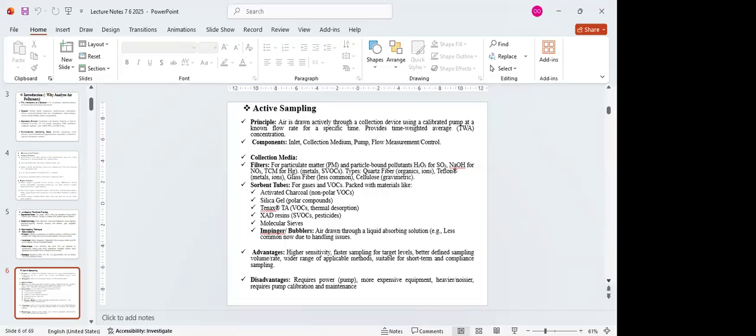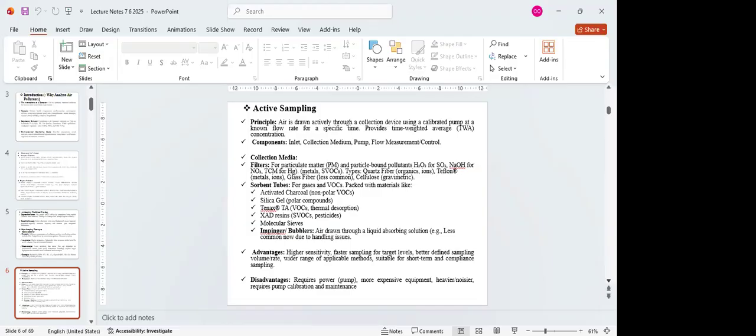So the activated charcoal can serve as a non-polar solvent for non-polar VOCs, while silica gel serves for polar compounds. Tenax, which is a proprietary item, serves for VOCs and then thermal desorption too. And of course, we have the XAD resins, and these are proprietary materials, and molecular sieves.